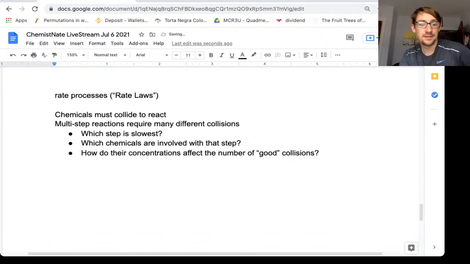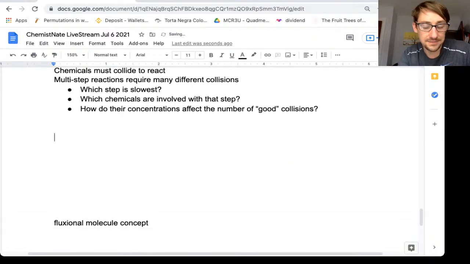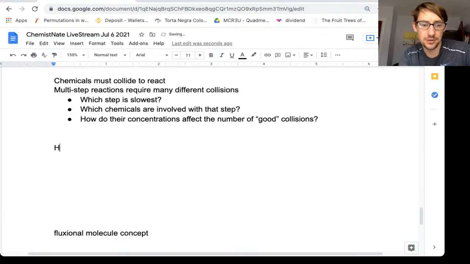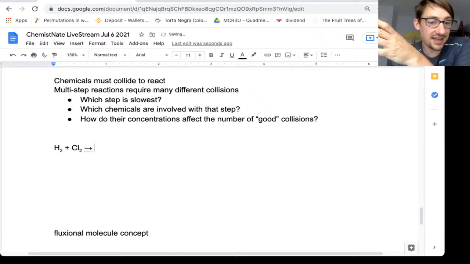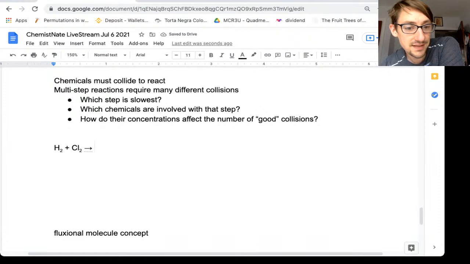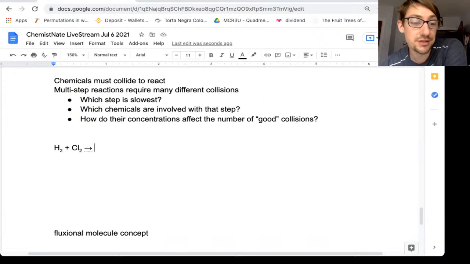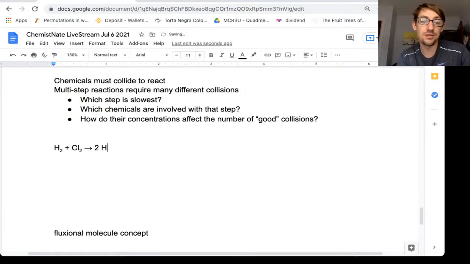So, something like H2 reacting with Cl2 in the gas phase. There's not much more that can happen between these two than for them to hit each other at a particular angle and swap where the electrons are in a precise way to produce two molecules of a new thing.